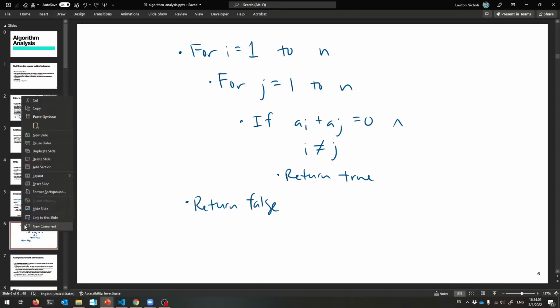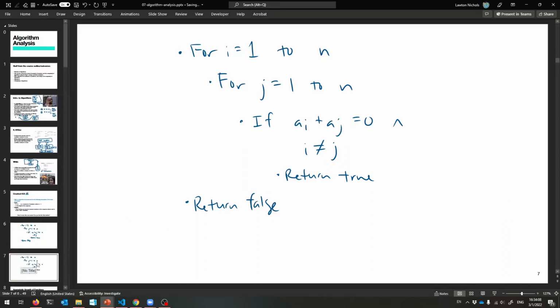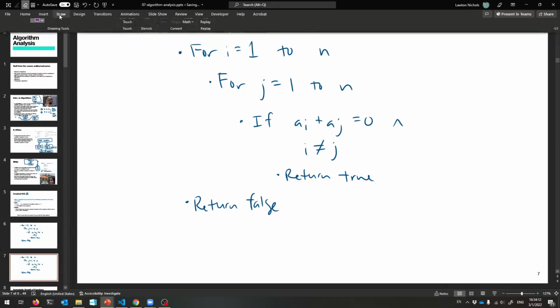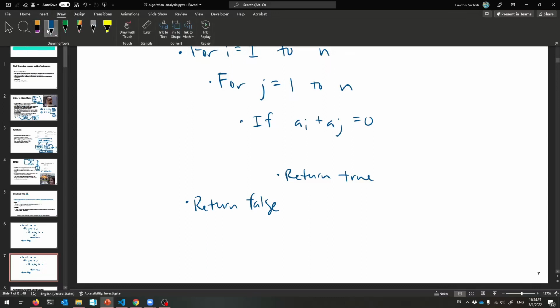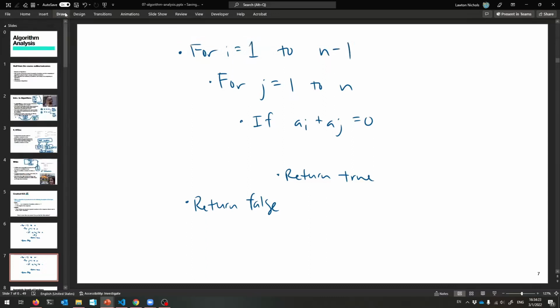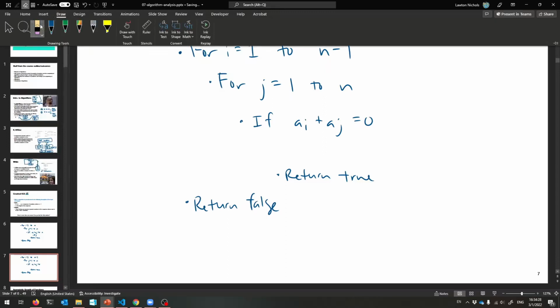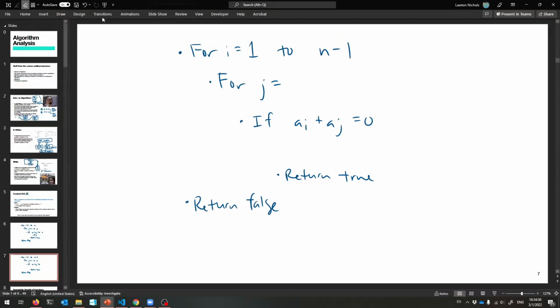Let me do you one better. Let me duplicate this slide, and let me show you how you can cut off some of these elements so that you don't have to check this. Here's a slightly better way of doing it. So let's introduce some kind of ordering. So let's say that I can go between 1 and n minus 1, and j must then go between I plus 1, so it's never going to be I, to n.